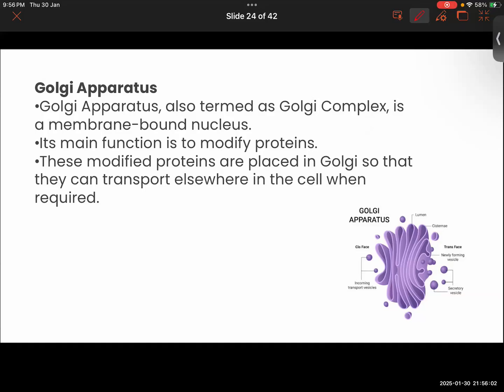Getting it? You can understand this as a post office where the proteins are packed and labeled. Are you able to understand this or not? Yes, sir.